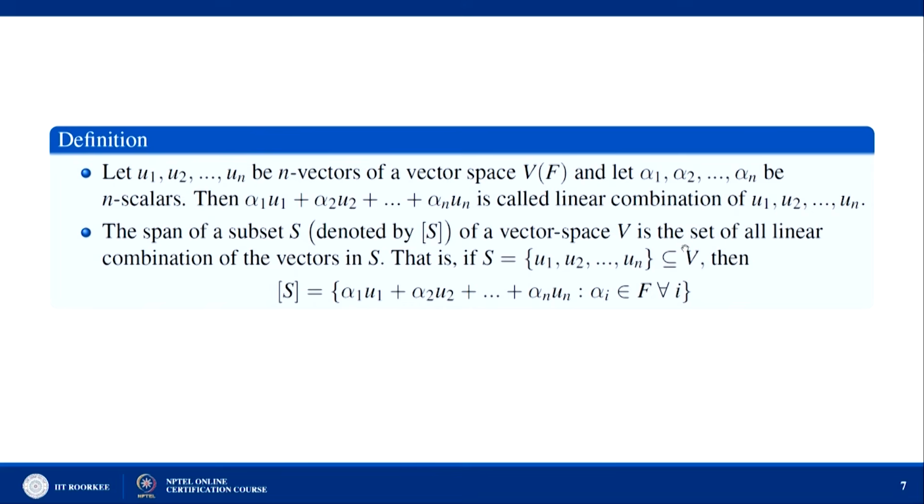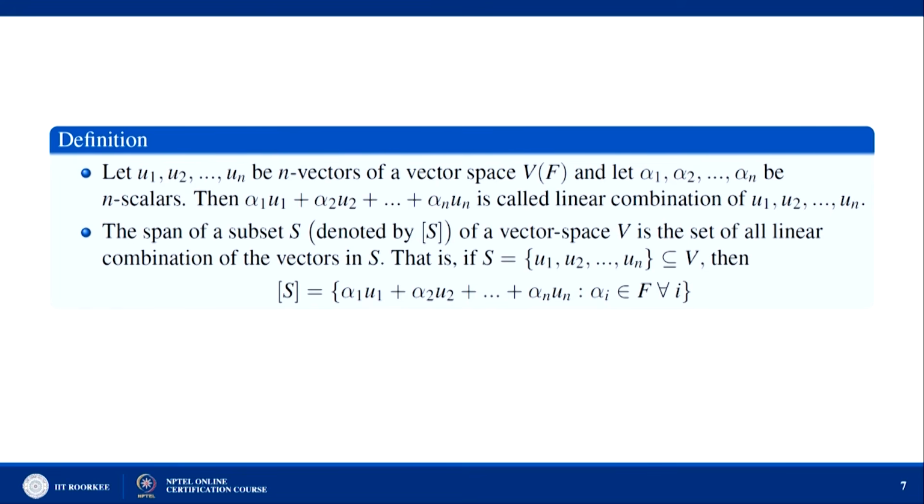Now, let u1, u2 up to un be n vectors of a vector space V, and let alpha i's be n scalars. Then alpha 1 u1 plus alpha 2 u2 and so on up to alpha n un is called a linear combination of u1, u2 up to un.